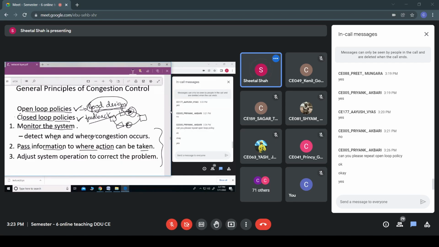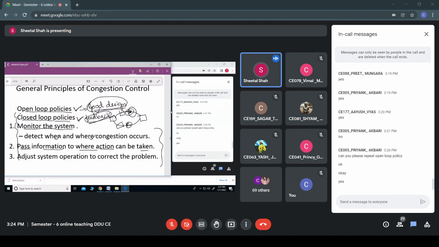So when the system has started, or when the system is running, at that time only all the decisions are done. Whereas in the closed loop type of policies, when the congestion occurs, some measures would be taken. Hope this is clear.